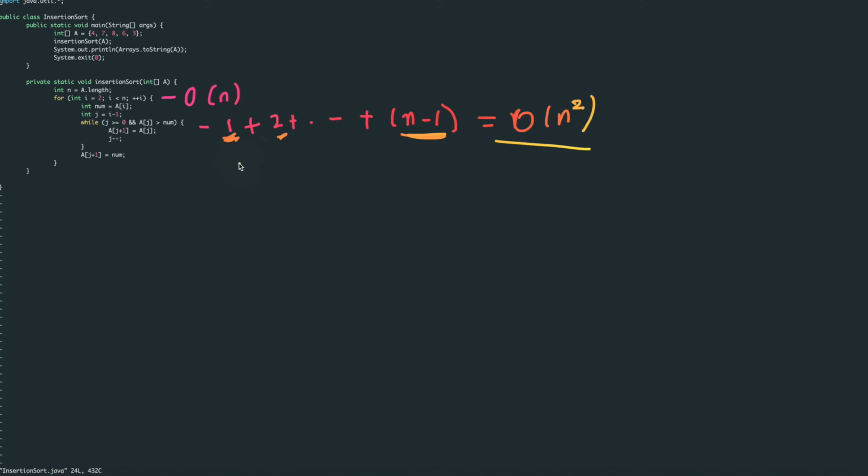Why? Because in the best case, the array would already be sorted. If this is the second element, you just scan the first element.